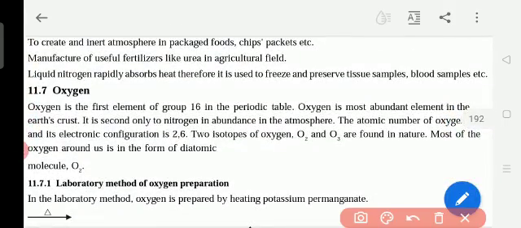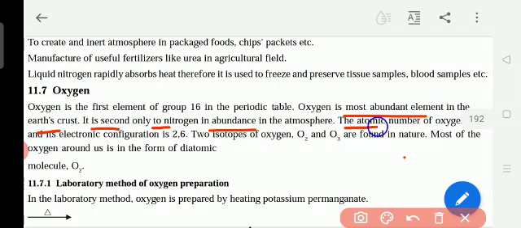In the atmosphere, the first one is nitrogen and the second one is oxygen. Nitrogen is more, after that oxygen is more. But in the earth's crust, oxygen is abundant.